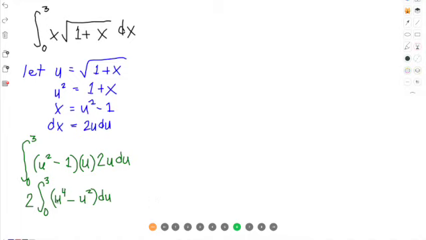So let's find the antiderivative of u to the fourth and u squared. We can separate them, if you can recall from our past lessons. So I have here 2 multiplied by u to the fifth power all over 5 minus u to the third power all over 3 plus constant of integration.